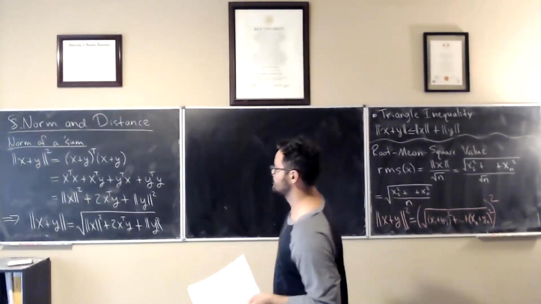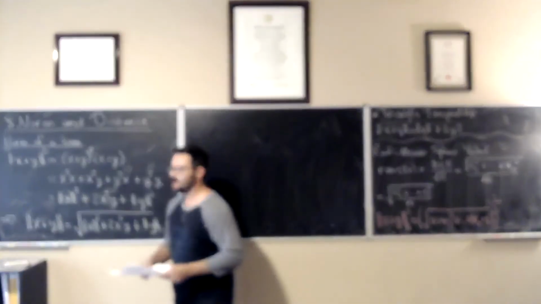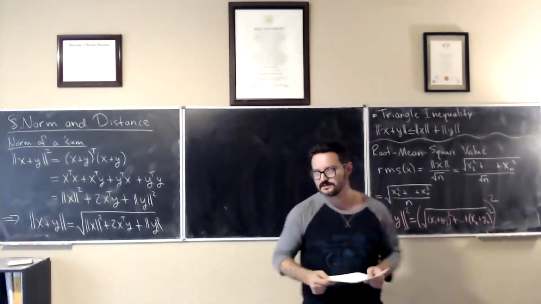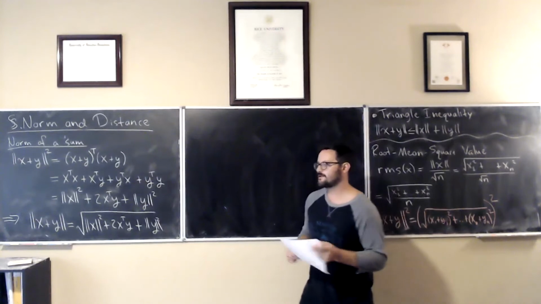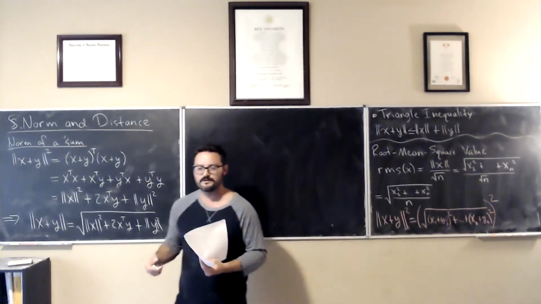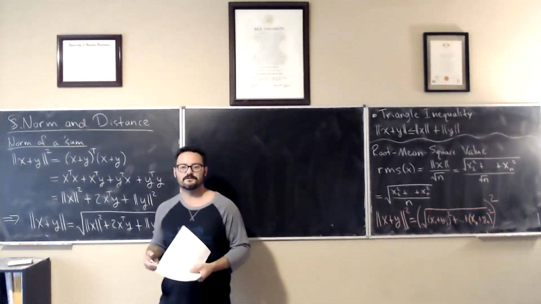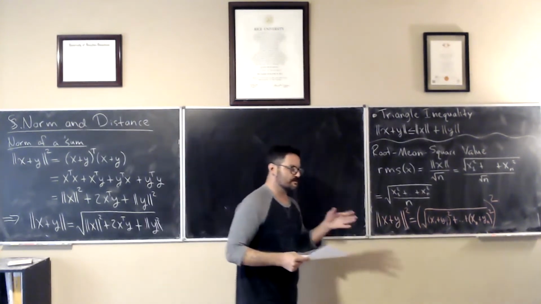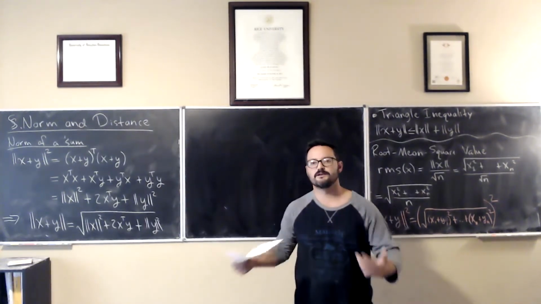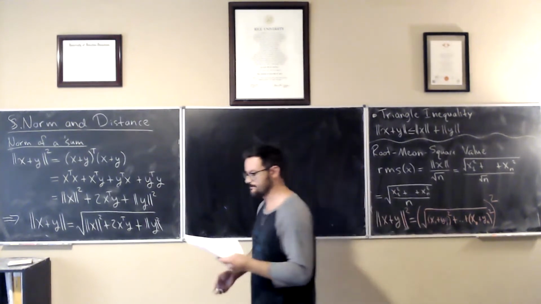So now we should probably discuss how the entries of the vector can relate with the norm of the vector, right? So as the entries in the vector get larger, how does that affect the norm of a vector?